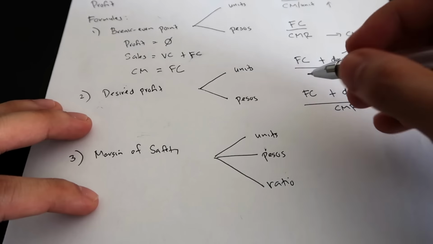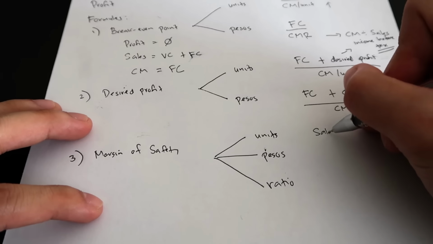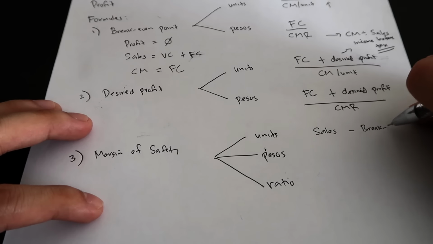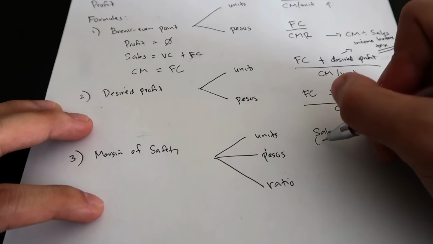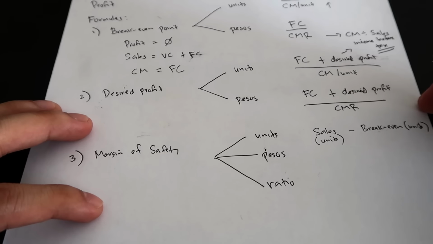The formula for the margin of safety is sales less break-even sales. Let's put it in units, because this is margin of safety in units. Sales in units less break-even point in units.